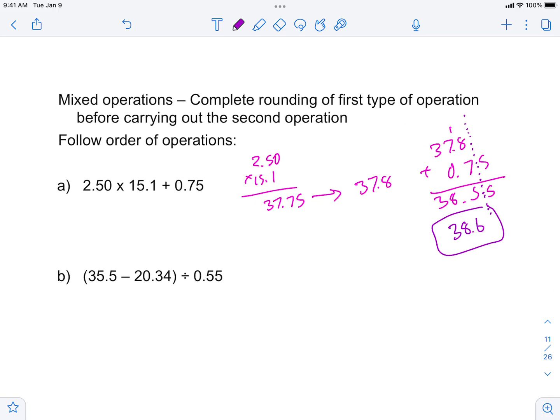Okay, let's try the second example. Look, we have parentheses. Where do parentheses fall in the order of operations? The first thing. So we have to do what's in the parentheses first. So let's do that.